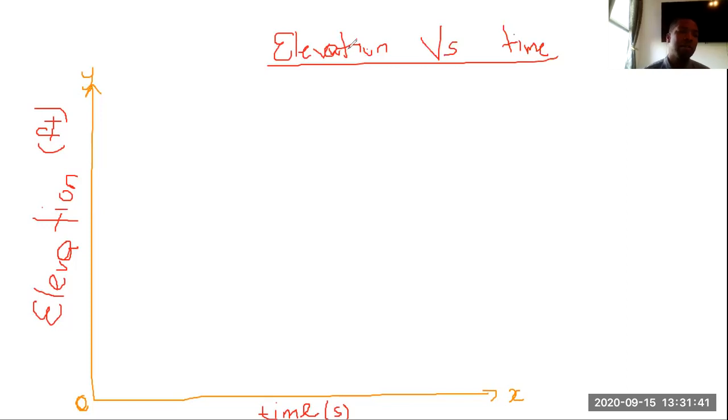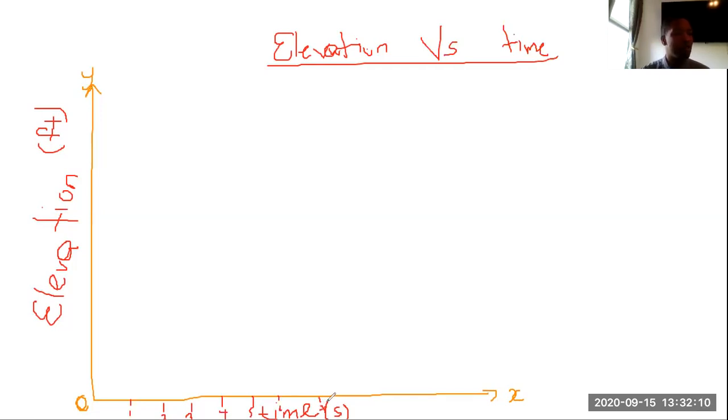All right, so we labeled the y-axis with the quantity feet for elevation, and then we labeled the x-axis time, which is being measured in seconds. The entire portion of the guy moving from the top of the stairs to the bottom of the stairs took 12 seconds. So I'm going to do 1, 2, 3, 4, 5, 6, 7.